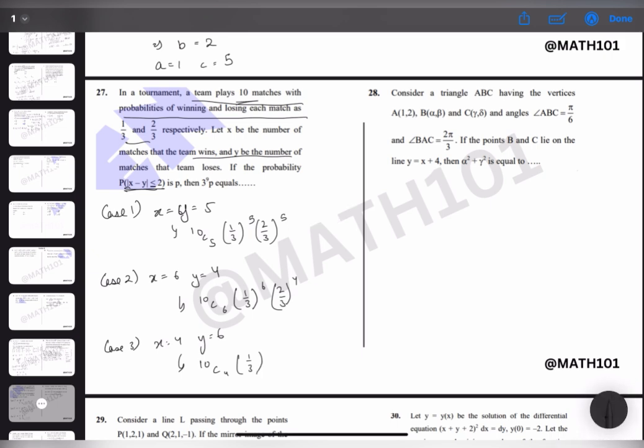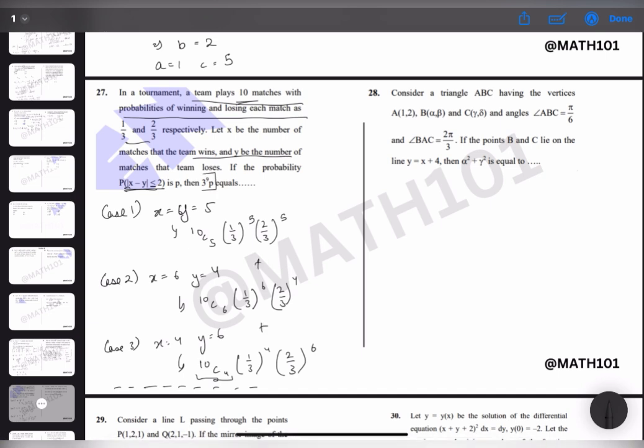So what I am doing is, of 10 matches played, I choose all the different ways in which they can win 4 matches, that is 10C4 into probability of winning those matches 1 by 3 to the power 4, because all of them are independent, and the remaining lose, this is the probability. So this plus this is our answer.